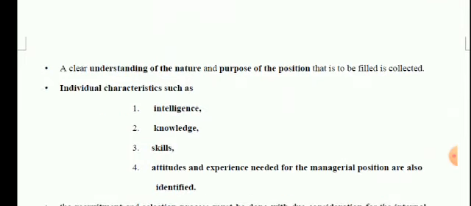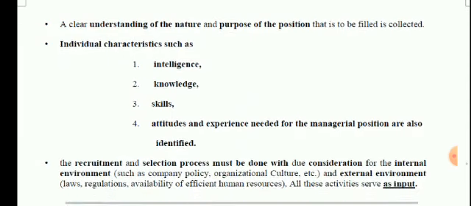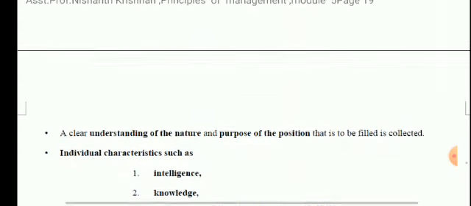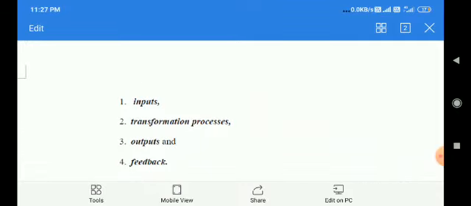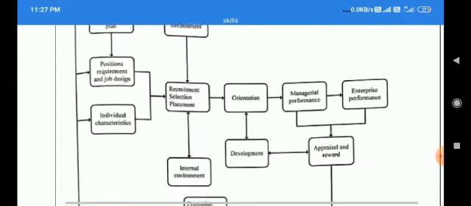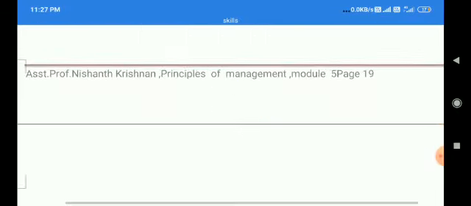Individual characteristics depend on the intelligence, skill, talent, knowledge, and attitudes of the employee. Then we have discussed the elements: inputs, transformation process, outputs and feedback. So what are inputs?